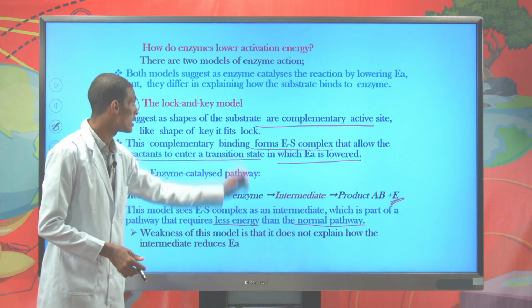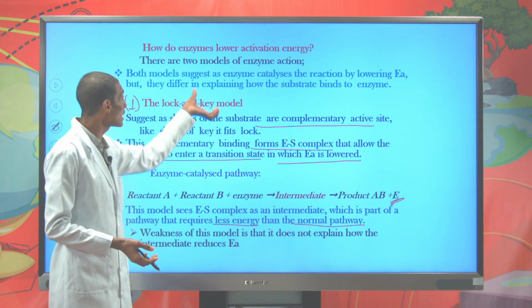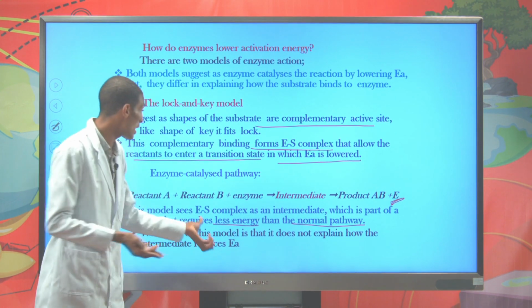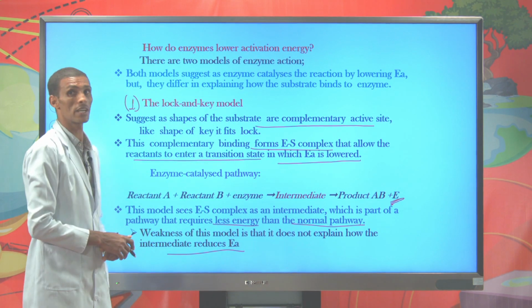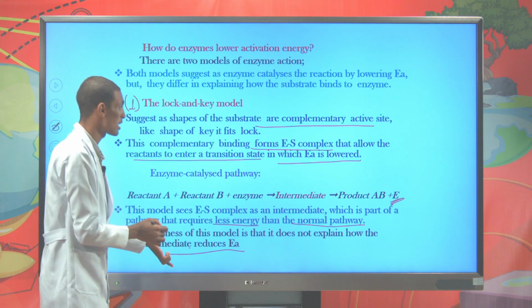The main thing is enzyme substrate binding lowers activation energy. The great weakness of this model is that it doesn't explain how activation energy can be lowered, how the intermediate has a lower activation energy than the normal pathway.